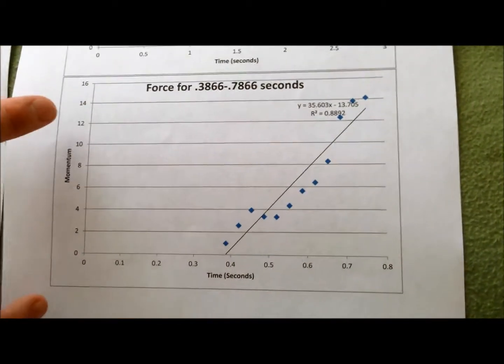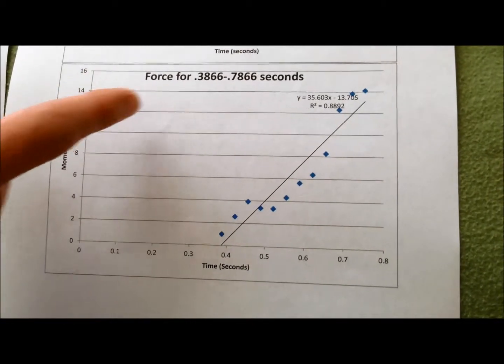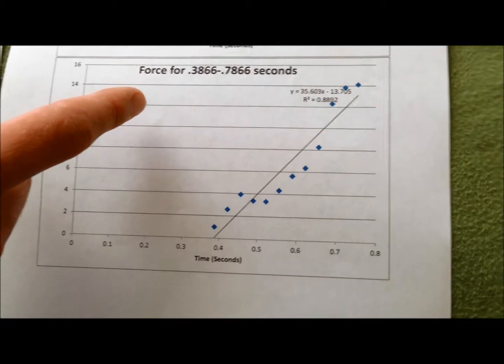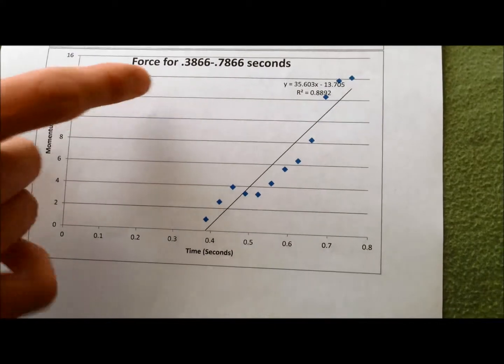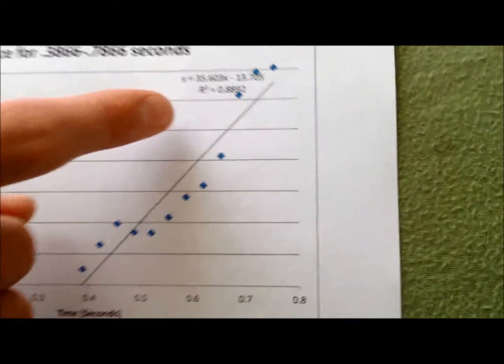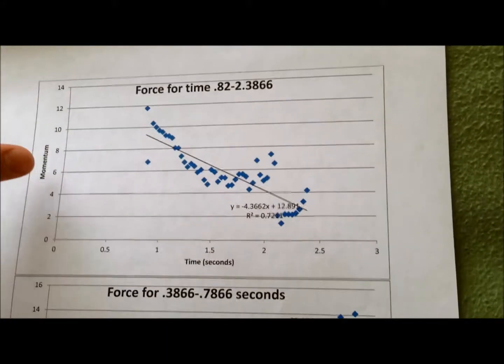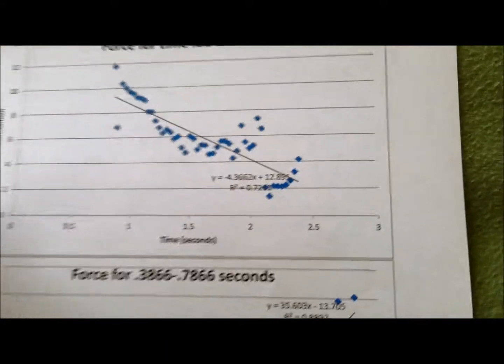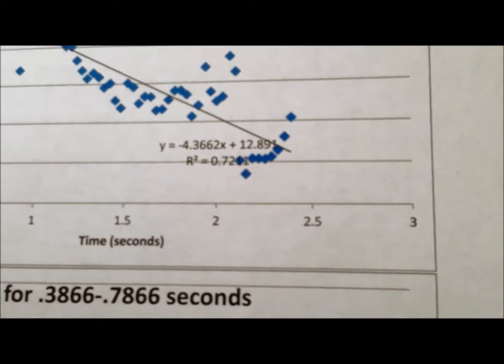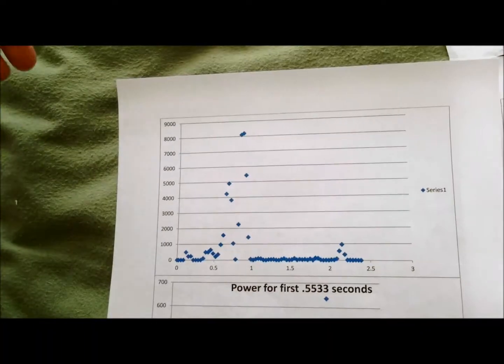So for the second increment, the force for 0.3866 to 0.7866 seconds was 35.603 newtons required to do that amount of work. And for the final 0.82 to 2.3866, it took about 4.366 joules of work to complete that.